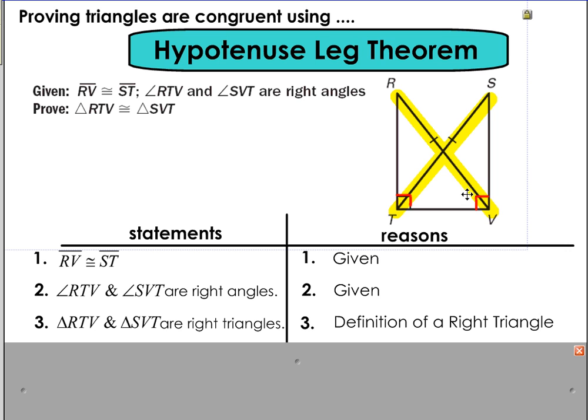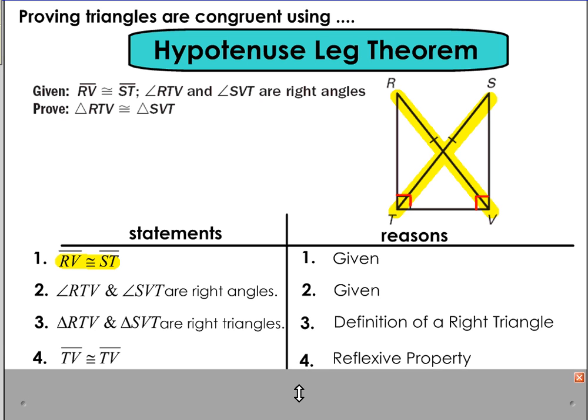Once we've established that, we can notice that the two given congruent segments, RV and ST, are both the hypotenuse of each of our right triangles. So we need to find that either RT and SV are congruent or TV and TV are congruent, so that we can fulfill the hypotenuse-leg part of our theorem. We see that TV is congruent to TV.